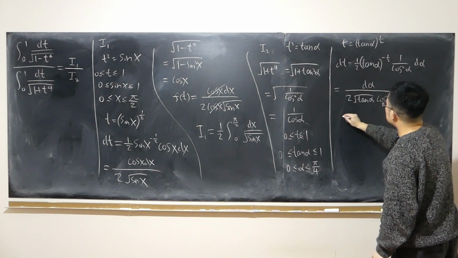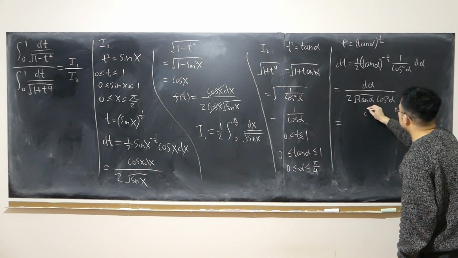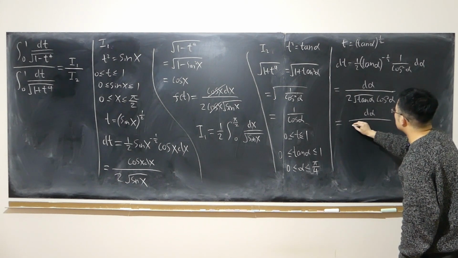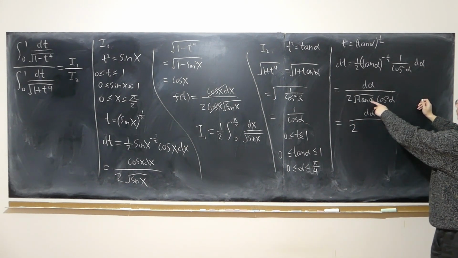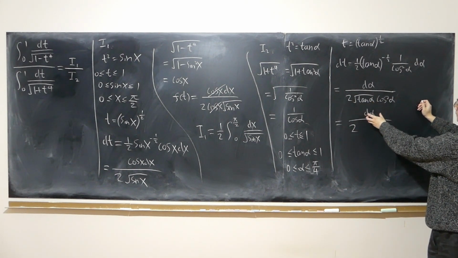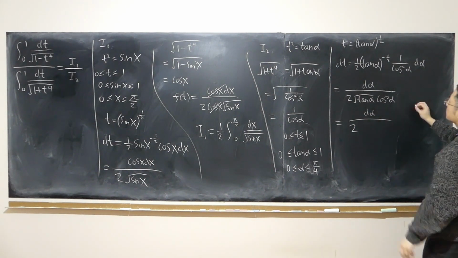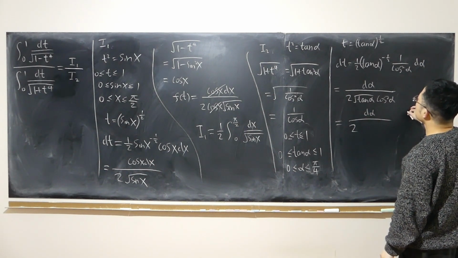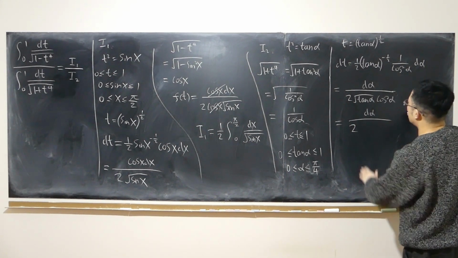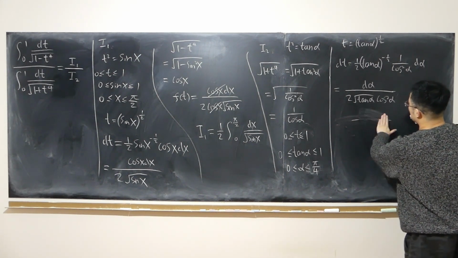So that means that is equal to d alpha over twice of, like, tangent, which is equal to sine over cosine. Sine, hang on. So I'm done with dt.